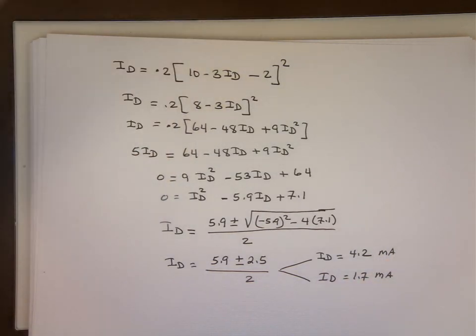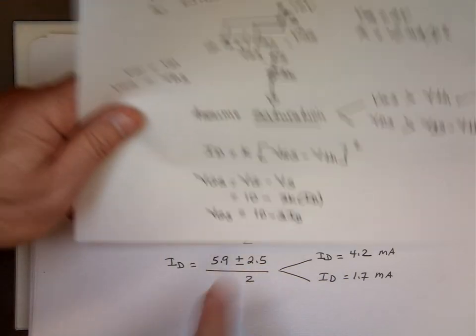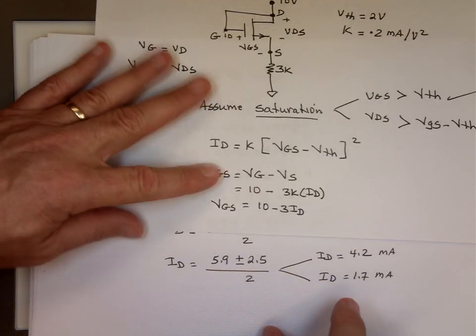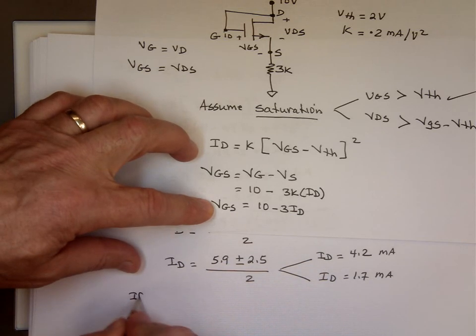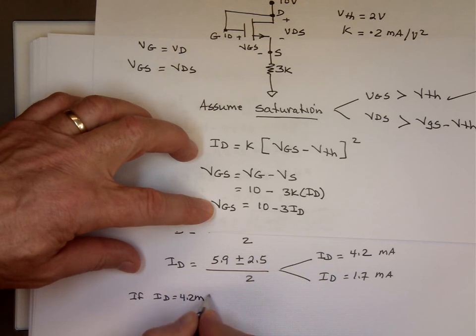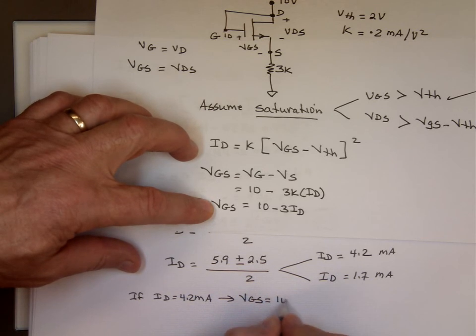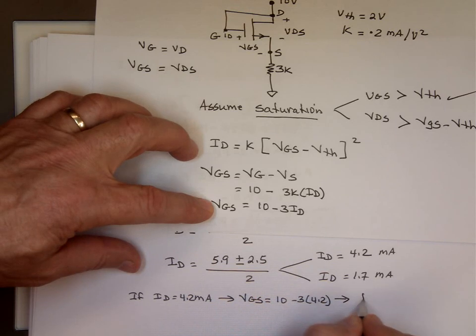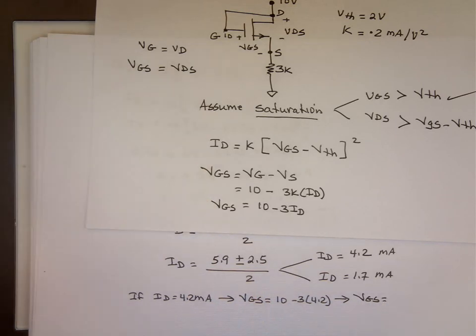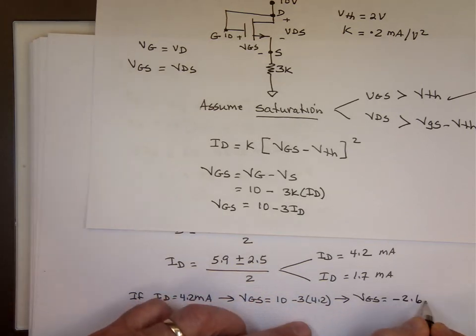Again, I wrote VGS equals that equation. So let's look at each one of them. If I sub D is equal to 4.2, if I use the 4.2 milliamp, what is my VGS? It's going to be 10 minus 3 times 4.2, which is negative 2.6 volts.